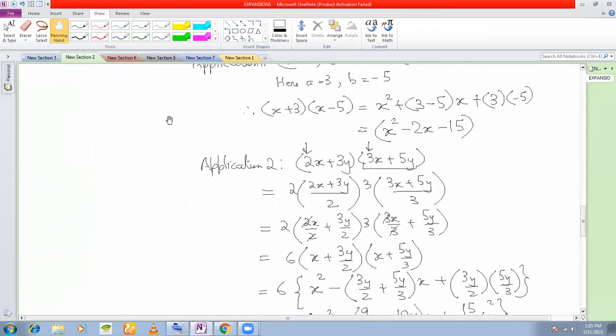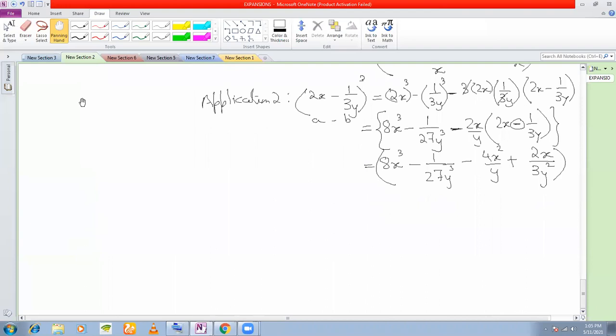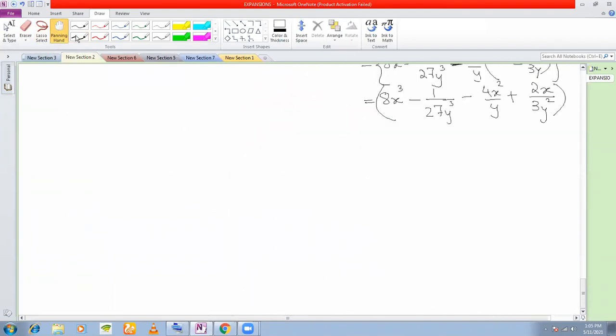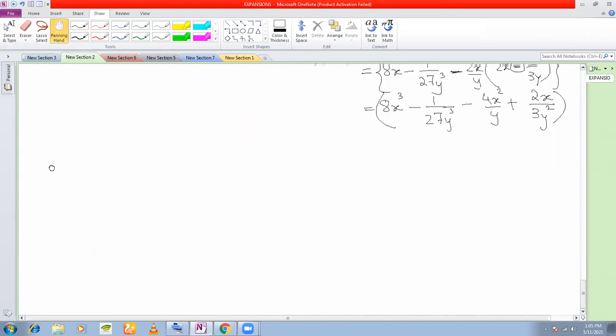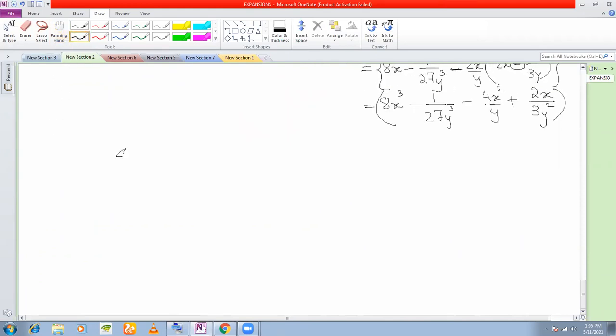Let us see applications of these two identities. This is identity 11, identity 12. We'll do both of them together.